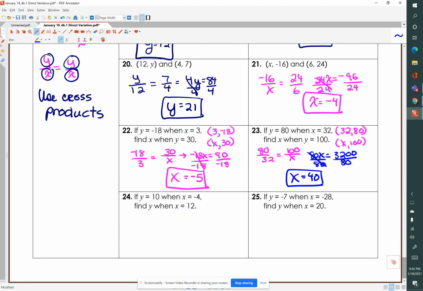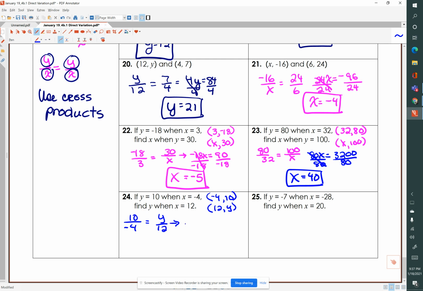All right, last 2 problems. I hope you're trying them yourself. If y equals 10 when x equals negative 4, so we have negative 4, 10. Find y when x equals 12. Let's set that up. 10 over negative 4 equals y over 12.